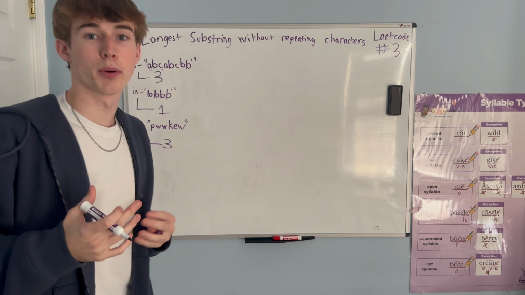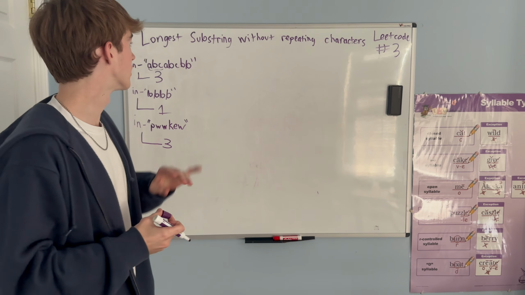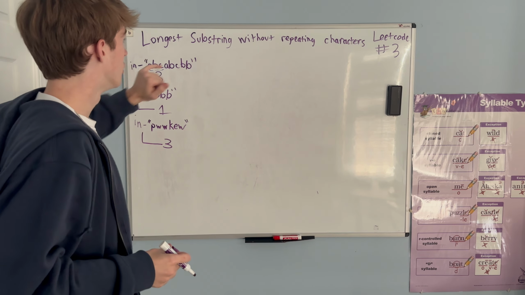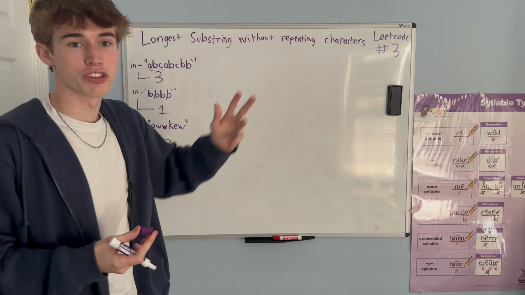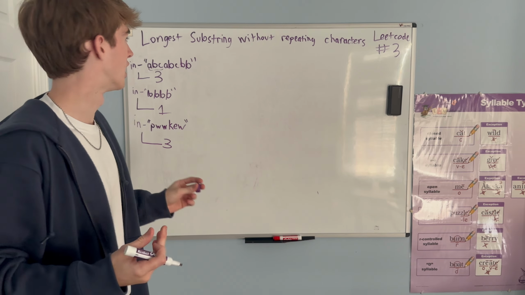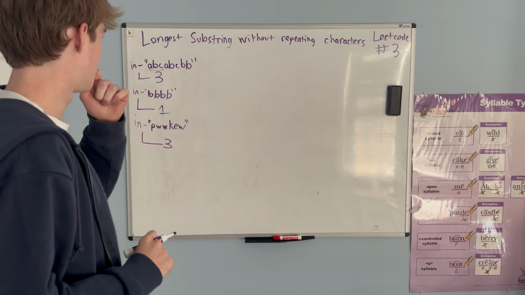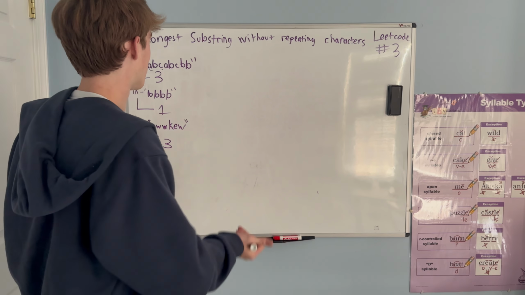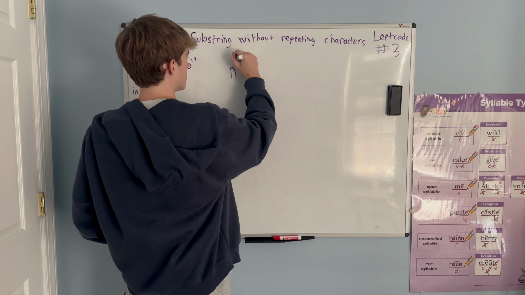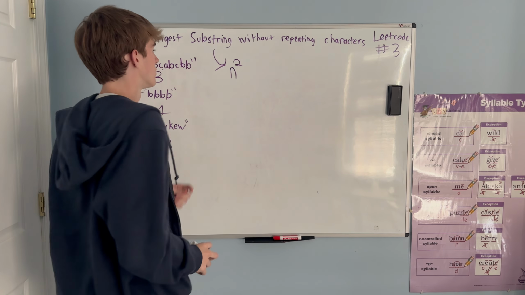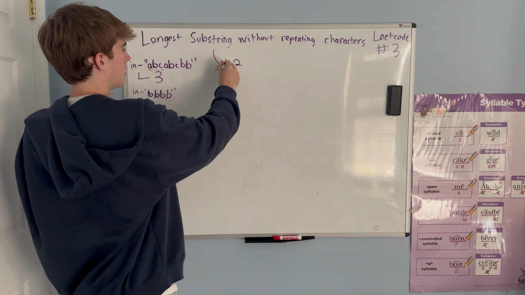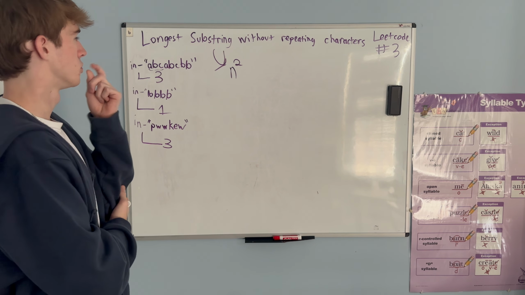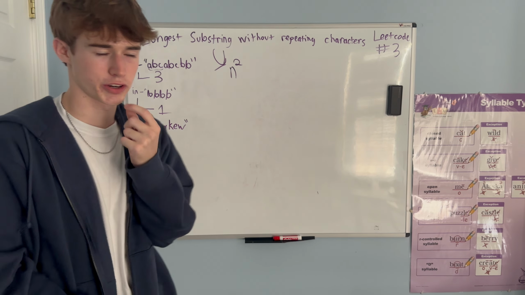So let's come up with a brute force solution first. How would we find the longest substring without repeating characters? First we need to find all of the substrings before we check for repeating characters. As we covered in the last one, finding substrings is n squared. So we have n squared substrings, and then how do we find if they're repeating or not?